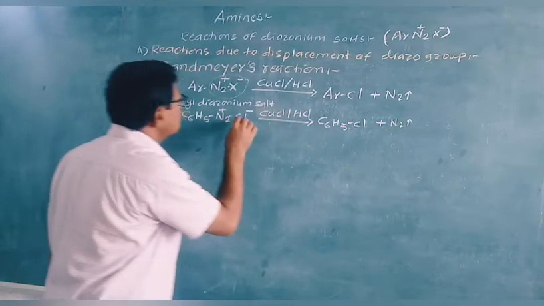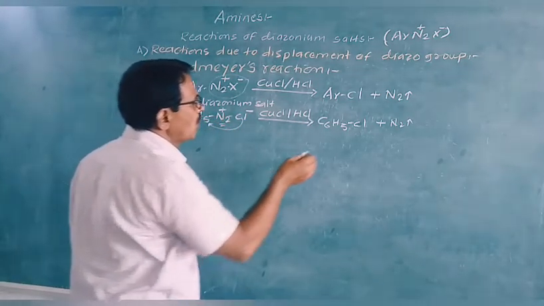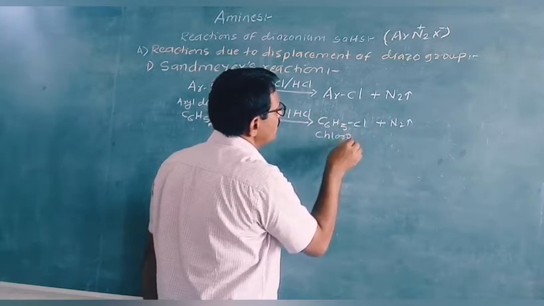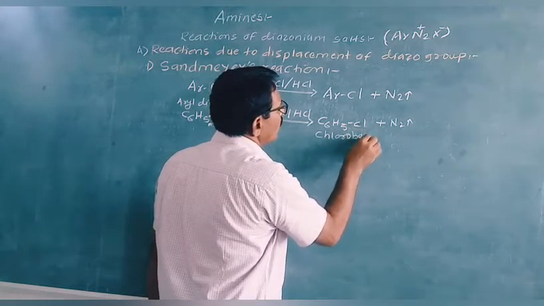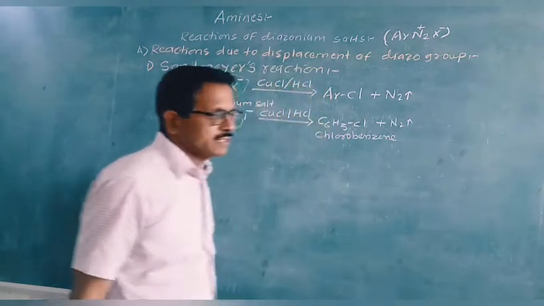The Cl is added to the C6H5 group and N2 gas is given out. It is known as chlorobenzene or phenyl chloride. Chlorobenzene is obtained. It is Sandmeyer's reaction.